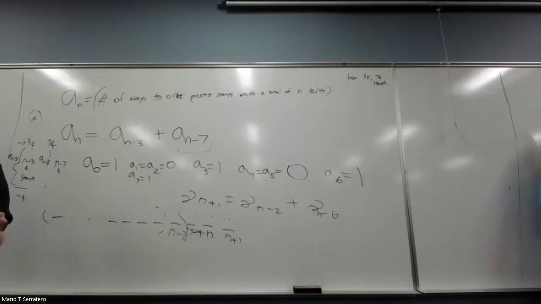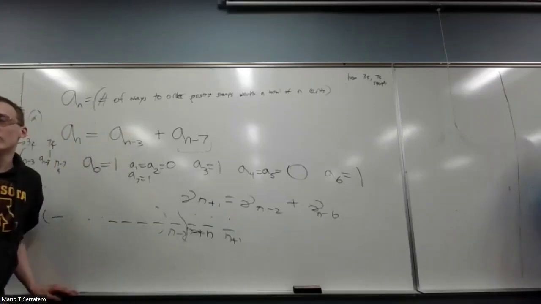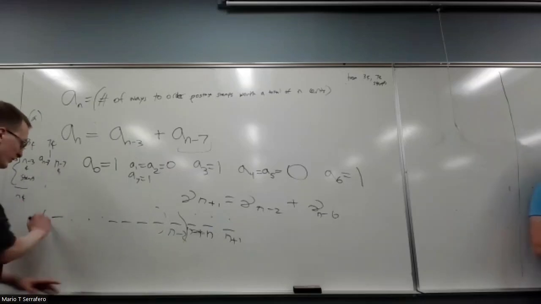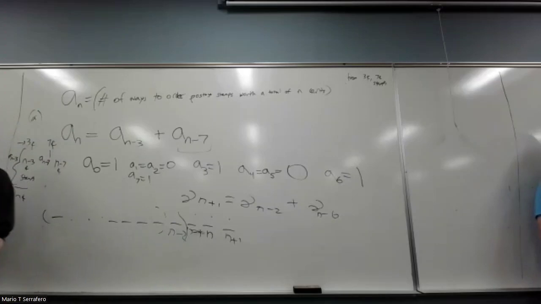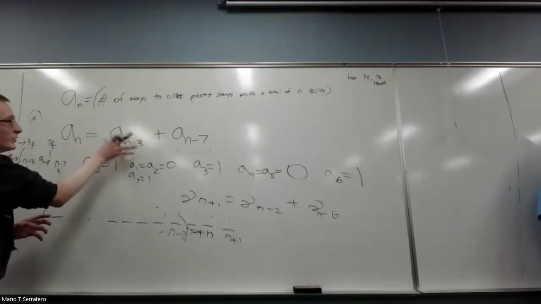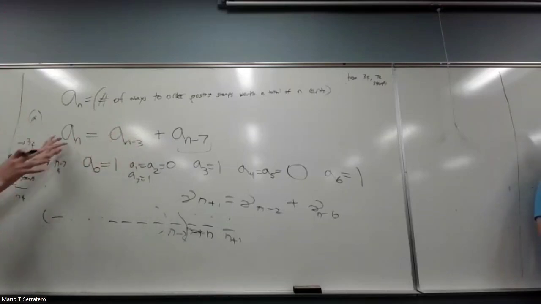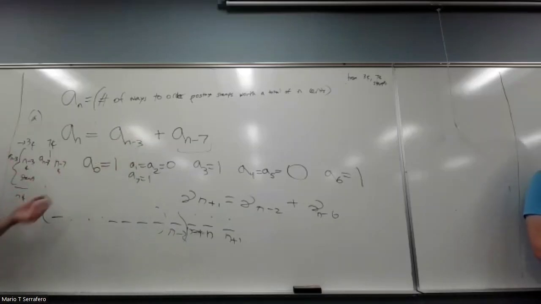But if you have a sequence of n minus 3 cents worth, then you can use any of these. There are this many sequences you can use to build up to n cents, and there's one way to complete it, which is to add a 3 cent stamp.